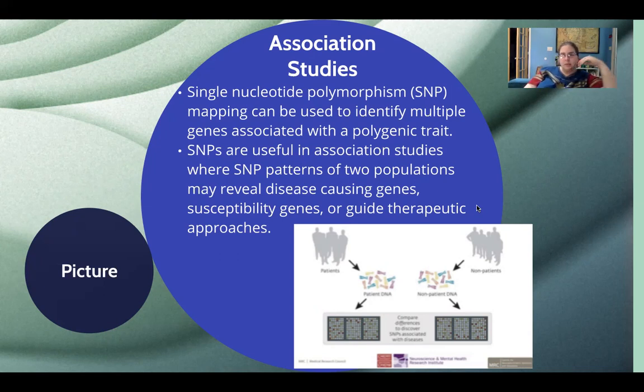So we can use these SNP studies to look at certain locations in the genome within these two populations and try to identify, all right, do we see any of these locations more in this population where a certain disorder is a lot more common? If so, then it might mean that those locations are the genes that could affect and lead to this disorder.